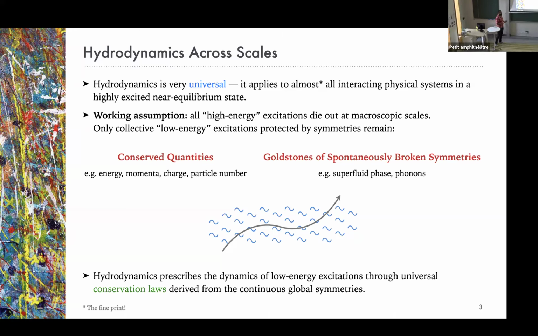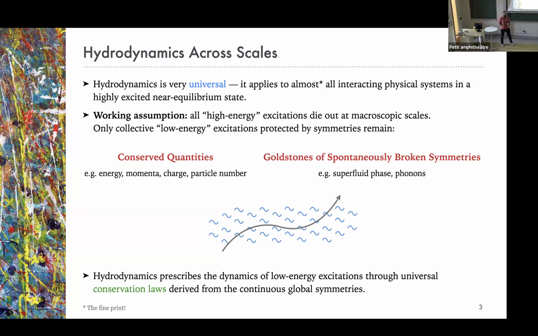And the core idea is that you take some very complicated system with enough interactions, and you would expect that if you let it rest for a long time and look at very large scale observables, almost everything that is complicated will die out, and only excitations that have some reason to be present will remain. And that reason is generally symmetries.